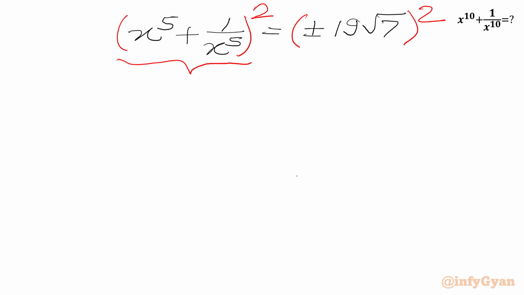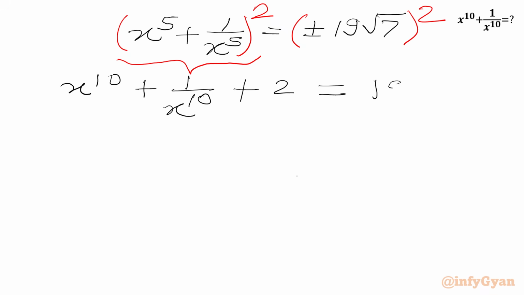Now we will use the (a plus b) whole square formula on the left hand side, which will generate (x power 5) whole square, x power 10, (1 over x power 5) whole square, 1 over x power 10, plus 2 times x power 5 times 1 over x power 5, which is 2, equal to the square of plus and minus, which will be plus.